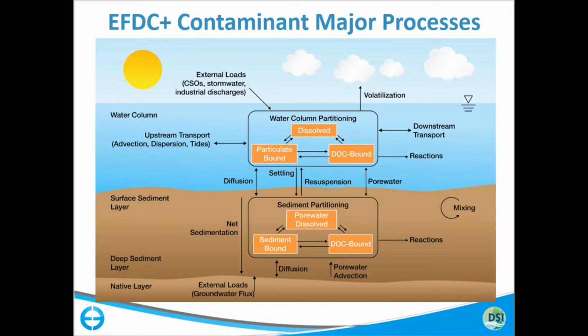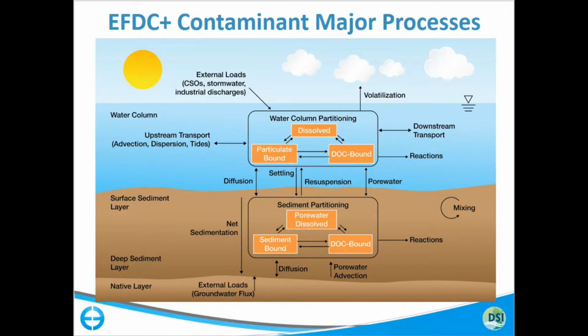Everything in EFDC basically tracks total toxics in the bed at a layer, and in the water column in a cell, and a layer in the cell. And then we'll talk about this a little bit later about what they call the fractional solution technique.